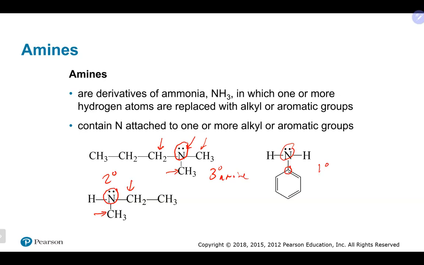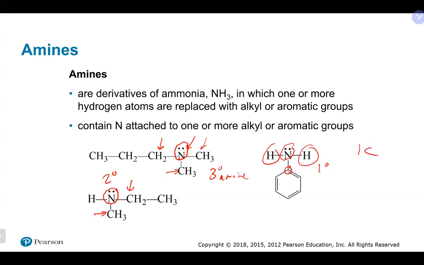So much like, again, the alcohols and the carbons, amines are oftentimes classified by the number of carbons that are attached directly to the nitrogen, as the nitrogen is part of the functional group. As you can see, every time you add an extra carbon group, you lose a hydrogen off of the nitrogen. So this guy has one carbon.